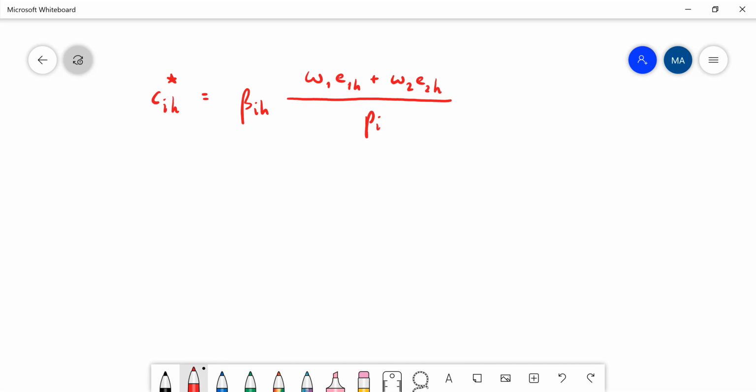Then, for the firm's problem, it's of course a bit long, but you can do it because I showed you how. You're going to find this.